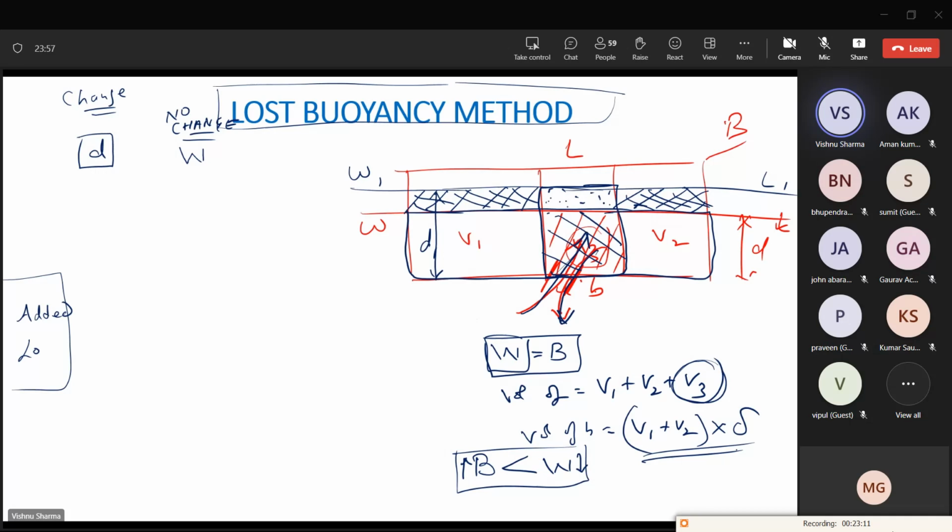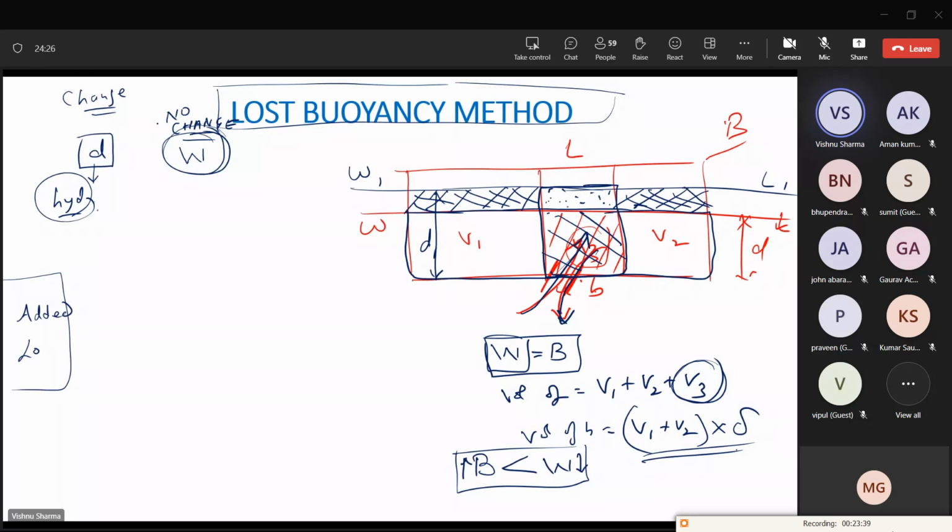Of course, when you have this loss taking place, whatever parameters which depend only on draft, they will all undergo a change. In fact, all other parameters except W will change because there is a change in draft. So whatever is the effect of draft on hydrostatic particulars, they will undergo a change except the displacement.